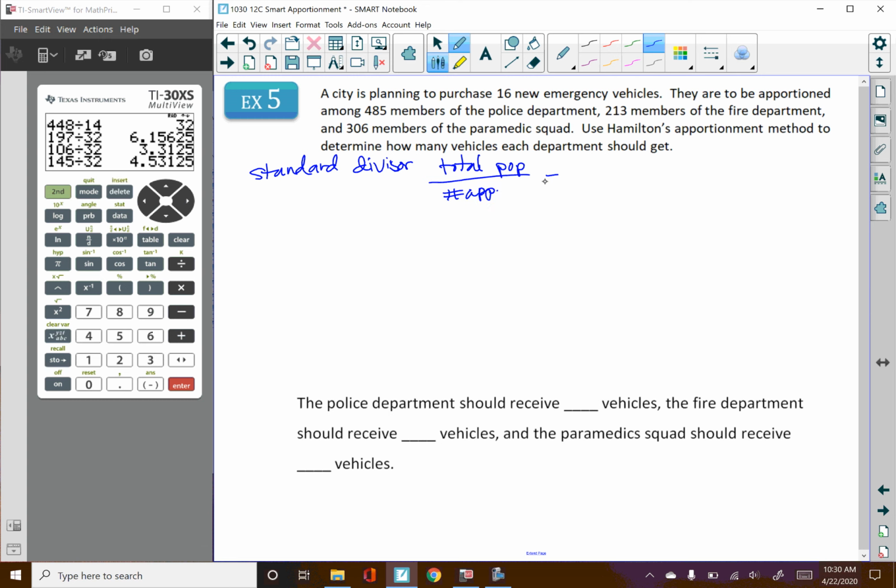So we're definitely going to be dividing by 16. We need to know our total population. So we've got 485 in the police department, 213 in the fire department, and 306 in the paramedic squad. So if we add that together, our total population is 1,004.